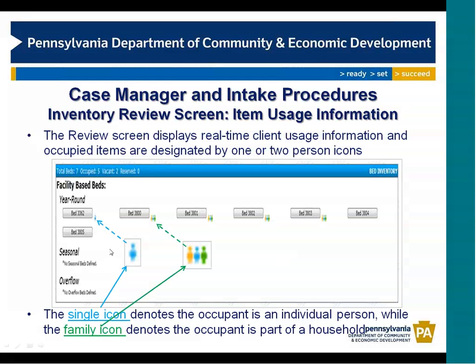Just a note here, those icon designations aren't about who is currently occupying the bed. It's the relationship of the person occupying the bed to other people in the program. So anytime you see a little blue icon, that means the person occupying this bed is an individual.